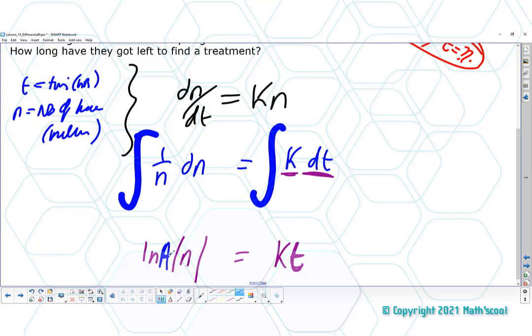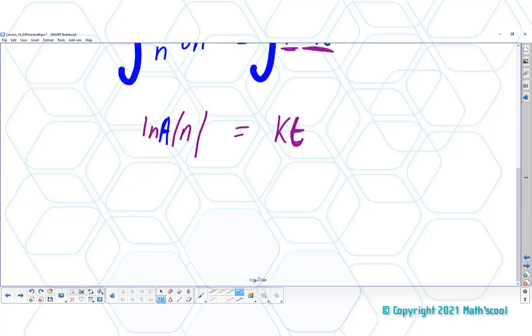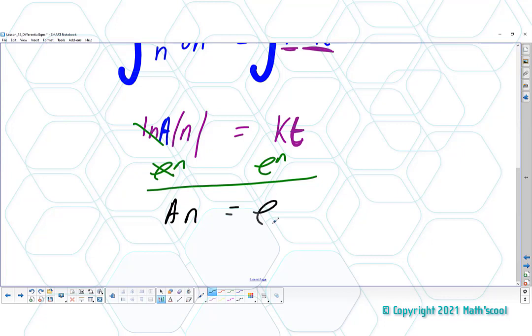And then we could make n the subject of that. Get rid of the ln, e to the power of both sides. That's going to give us an equals e to the kt, and then divide by a, and then that's going to give us n equals 1 over a.